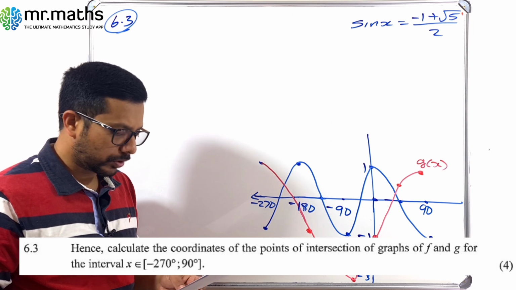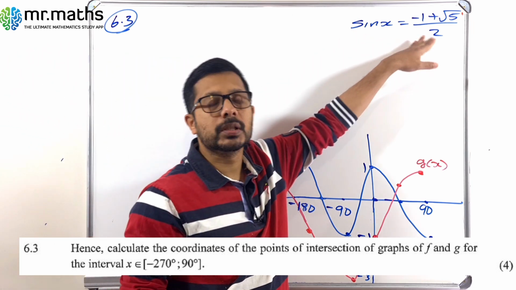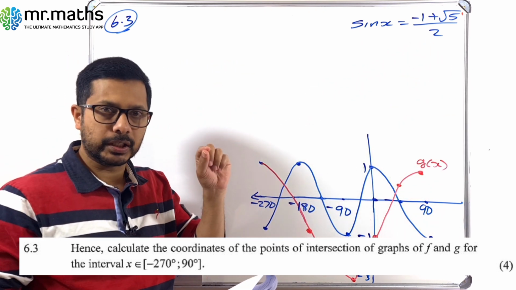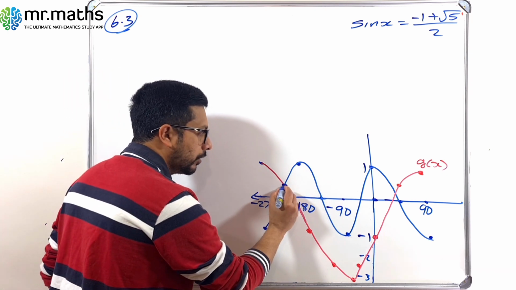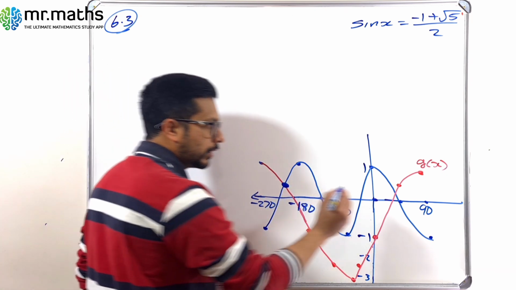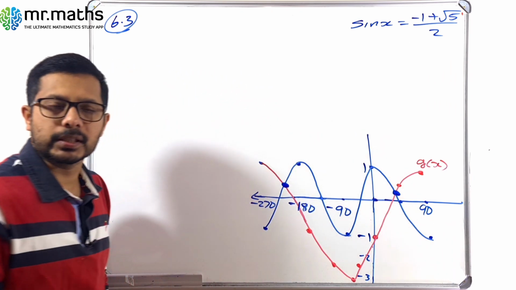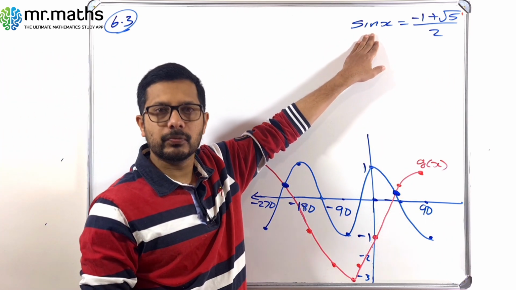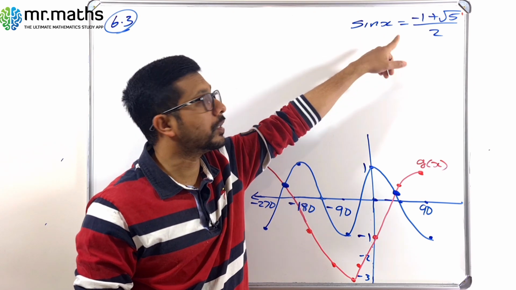Show that the x coordinate of A satisfies this expression. This is a point of intersection, and here also you can see that there is a point of intersection. So in the previous question we already got an expression for the x coordinate of the point of intersection. Sin x is equal to that one.